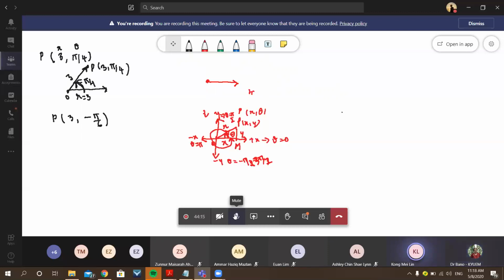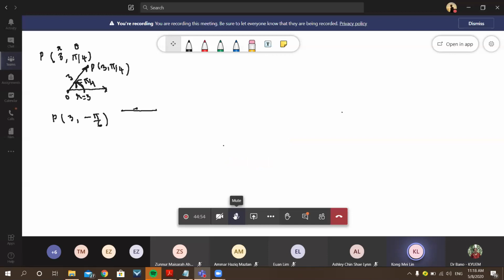As I just now told you, this is M, this is O, this is X, this is Y. Now this one I'm using as R, and this is theta. So the same point I'm writing is R.